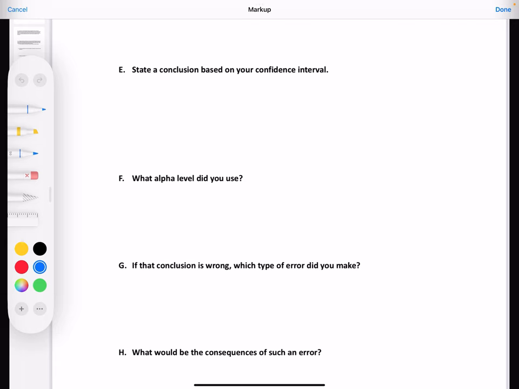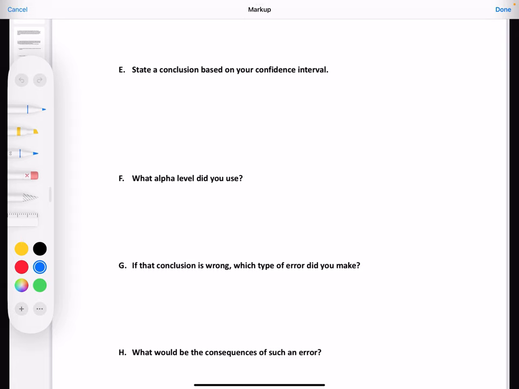So then state a conclusion based on your confidence interval. So that confidence interval is obviously given to us. So we need to decide if we're rejecting or failing to reject the null hypothesis.